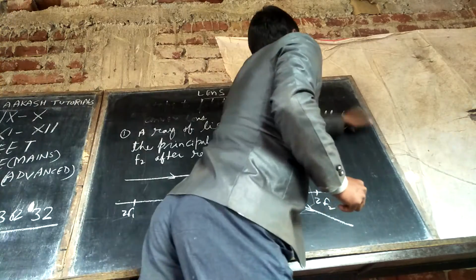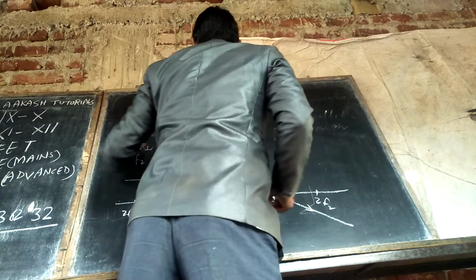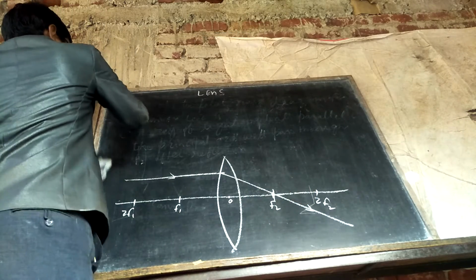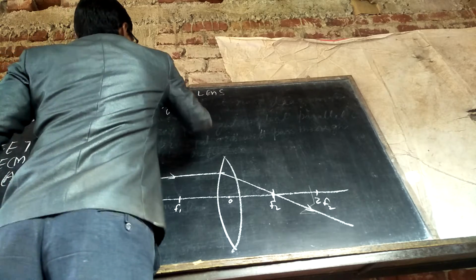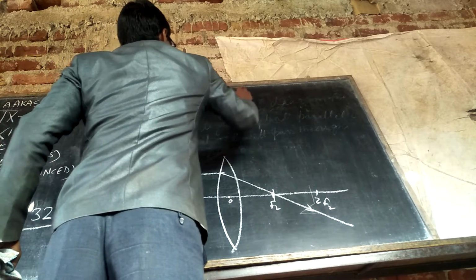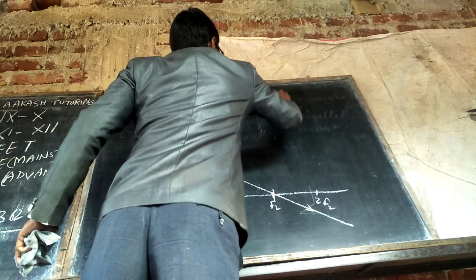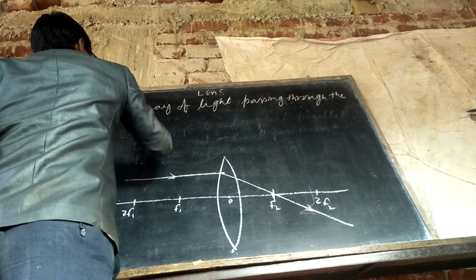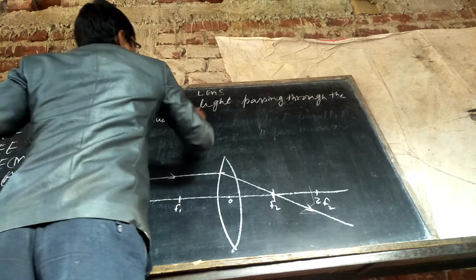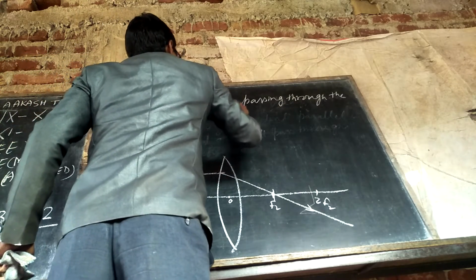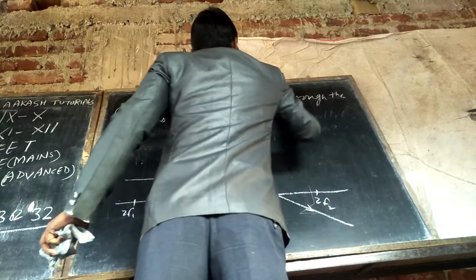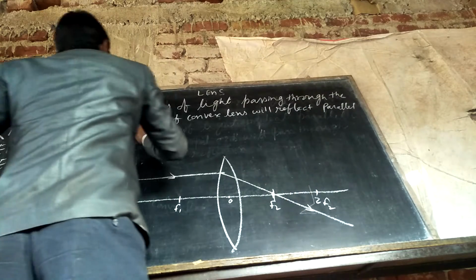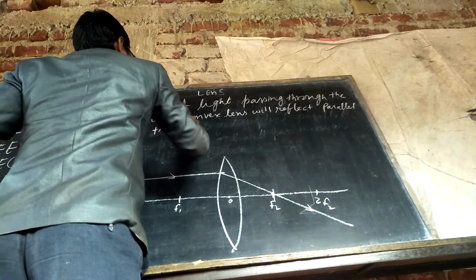Second, a ray of light passing through the focus of a convex lens will reflect parallel to the principal axis.